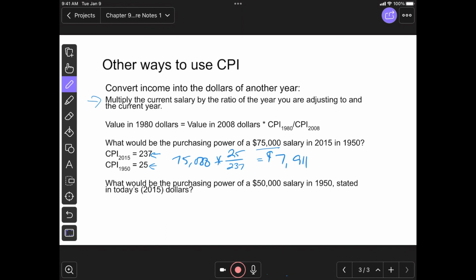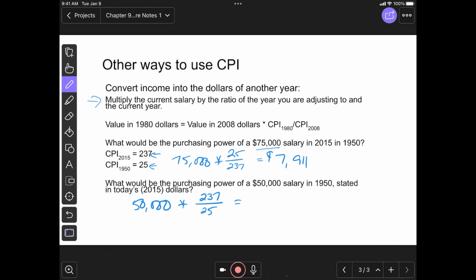All right, let's do another one. The purchasing power of a $50,000 salary in 1950 now converted to 2015 dollars. So now the ratio is the year we're adjusting to, which is 2015, to the year we're adjusting from, which is 1950.